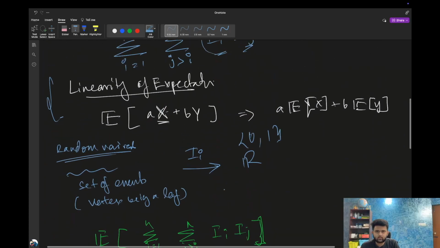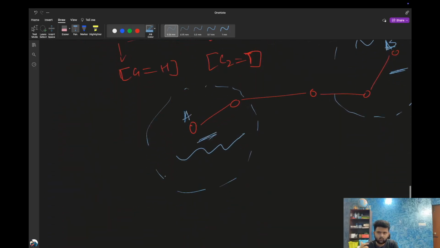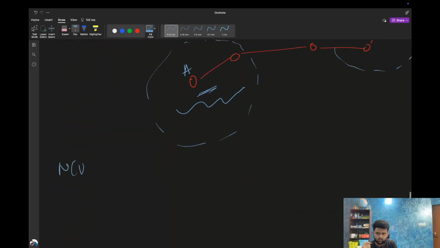As you saw, the probability that V becomes a leaf is just dependent on the vertex itself and its surrounding neighbors. So if I denote a variable N(V) denoting all the neighbors of V, formally all vertices X such that the distance of X to V is equal to 1. Notice I'm not including V itself, just the neighbors.